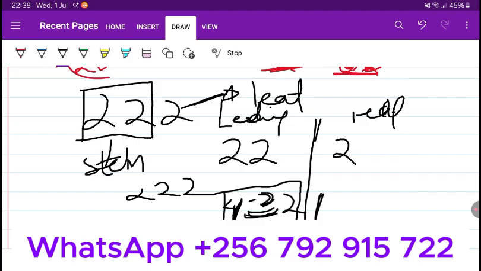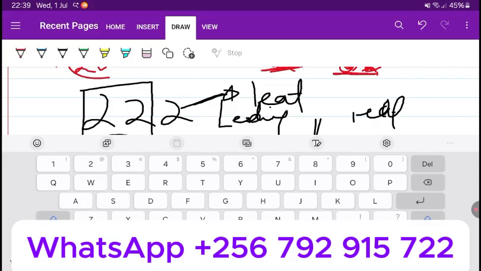That's why we said that each individual item has what we call a stem and a leaf, even if it is just 1 digit.